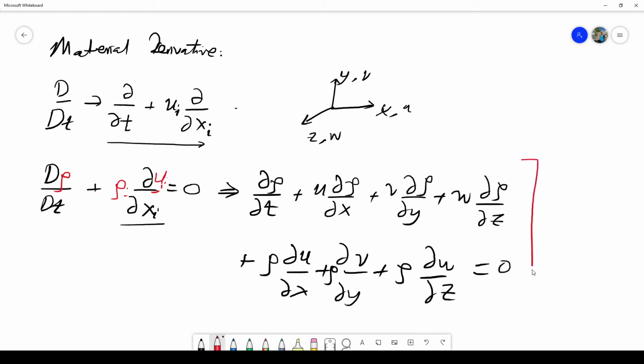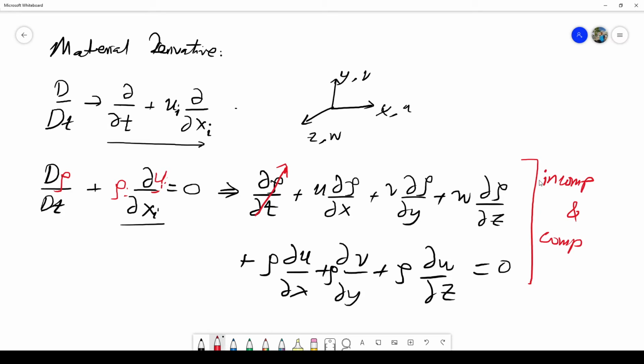So this set of equations can be applied both to incompressible and to compressible types of flows. But if we consider incompressible and steady flow, then for the steady flow, the term d rho over dt can be ignored.